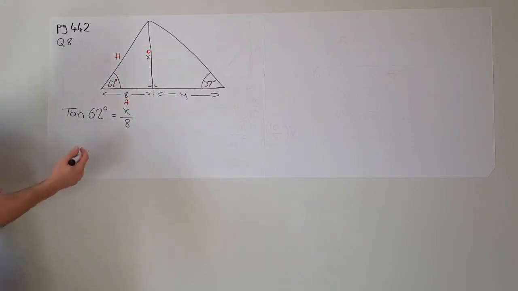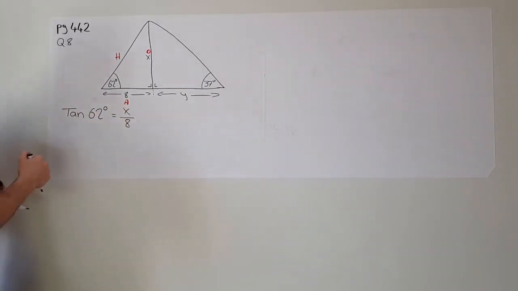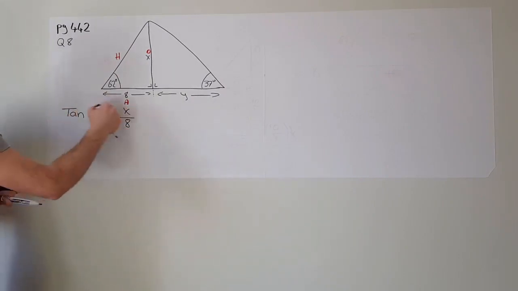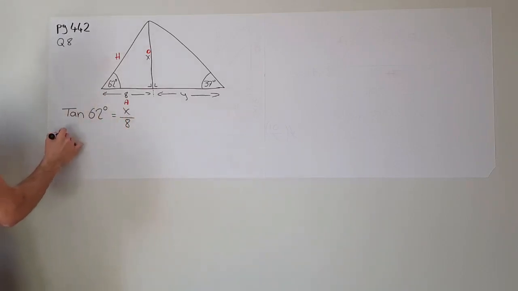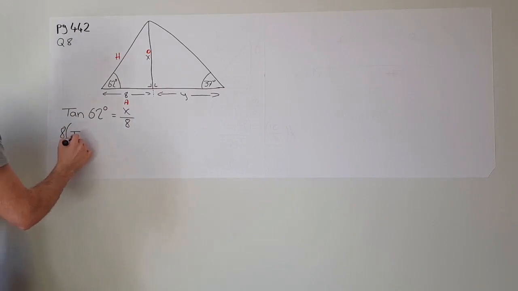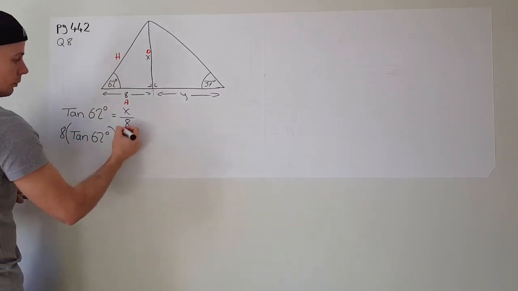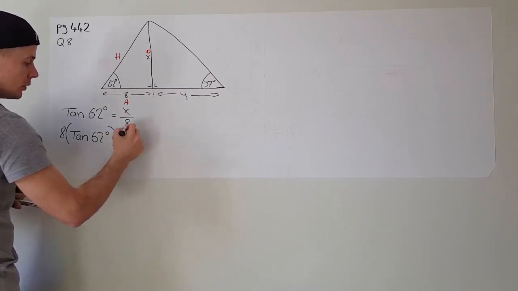Alright, simpler than the last ones. All I have to do now is x is tied up in the fraction here. I want to get rid of that, so I'm going to get rid of the division of 8 in the fraction and multiply both sides by 8, and then we'll isolate x on its own. So multiplying both sides, x is equal to 8 tan of 62 degrees, multiplying and dividing by 8 cancel each other out, and I'm simply left with x.